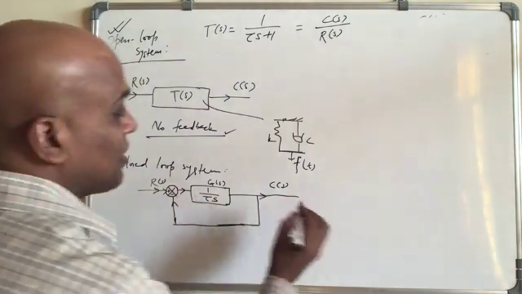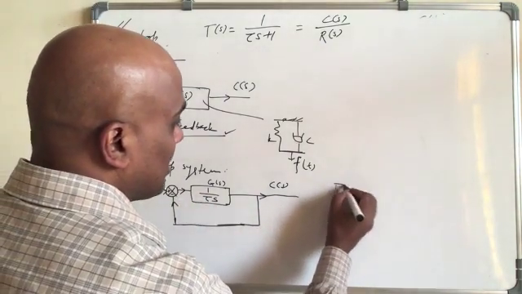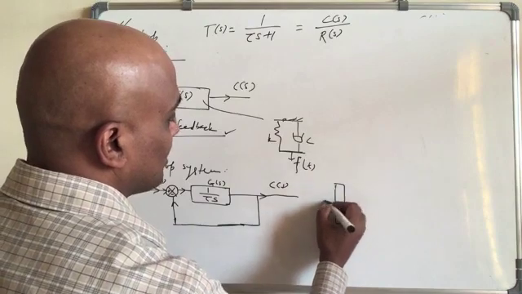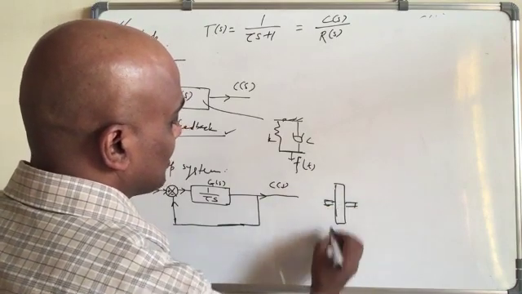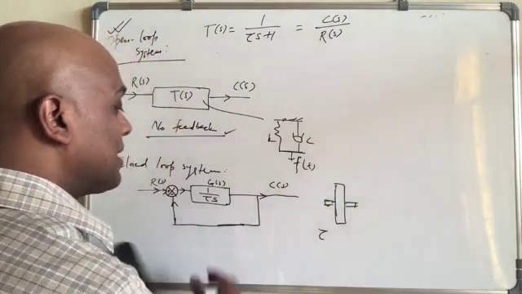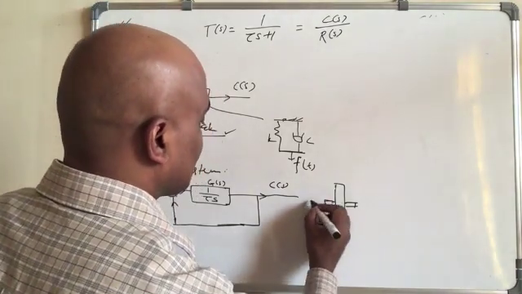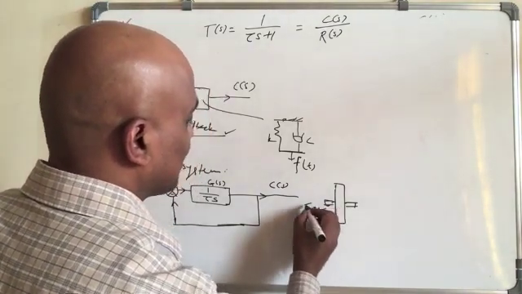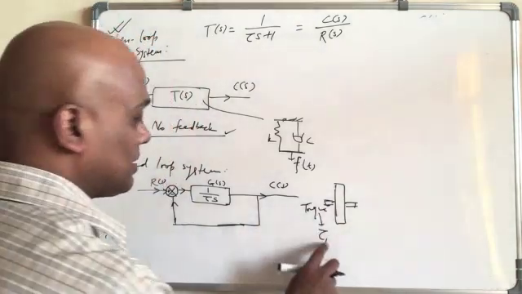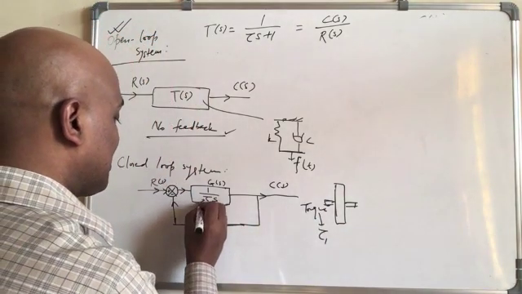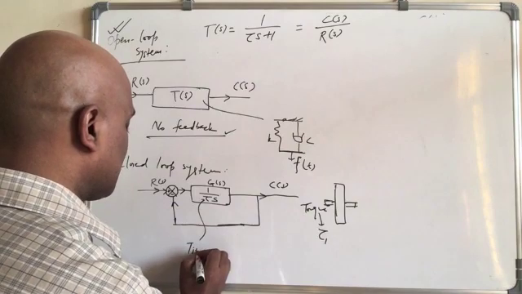This example will come, for example, if you have a flywheel. So flywheel, so tau, different tau here. Let's call this torque one, so T1, this is torque, right? This tau, this is time constant, there is a difference, yeah? This is time constant.